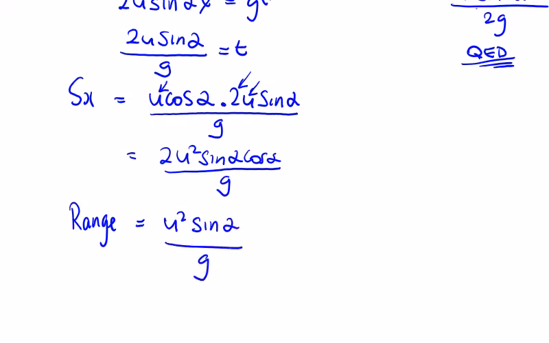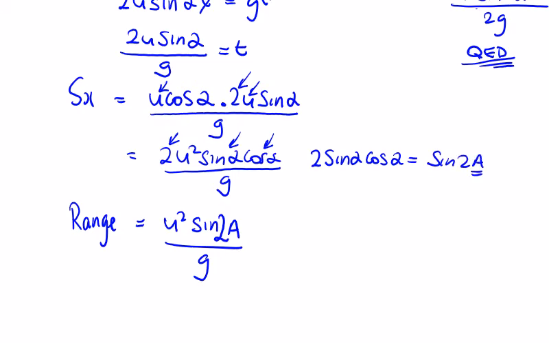So you can see here, we have our u squared, sine 2 alpha over g. So we have our u squared, so this 2 sine alpha cos alpha, in the tables 2 sine alpha cos alpha is equal to sine 2 alpha.